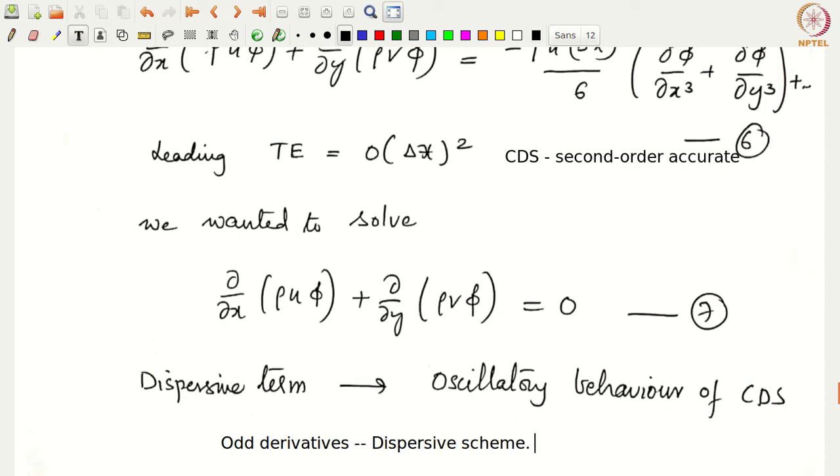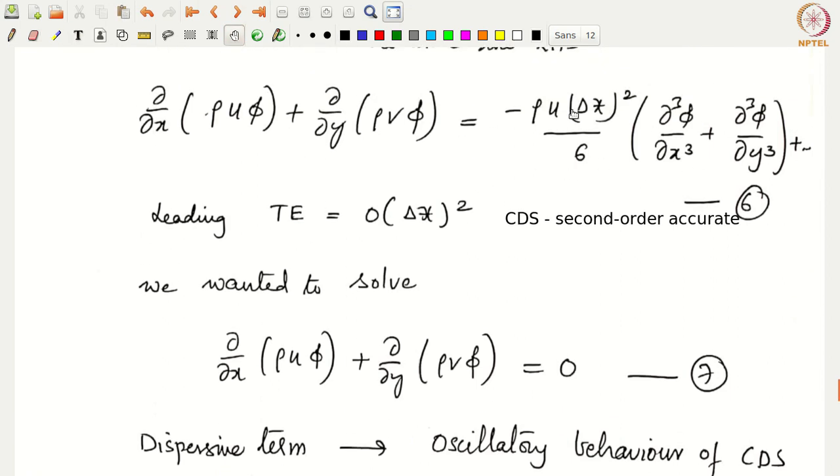If there are odd derivatives appearing in the modified equation, then we can call this a dispersive term. Again, we know that the dispersive term is of the order of delta x square. It is proportional to the grid size. So as we refine the mesh, the dispersive term goes smaller and smaller.